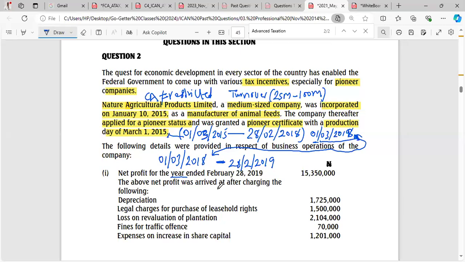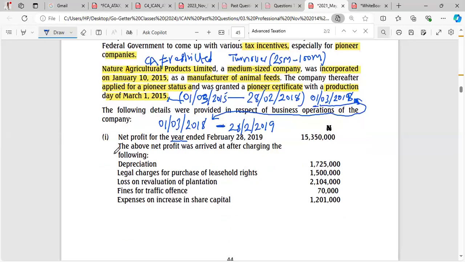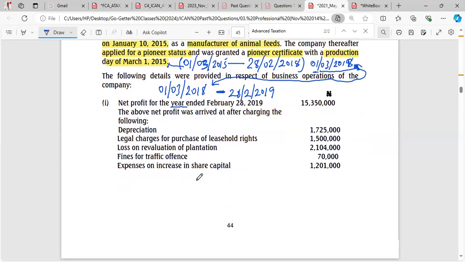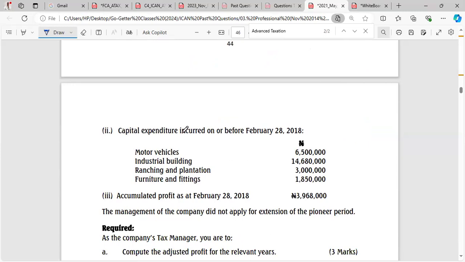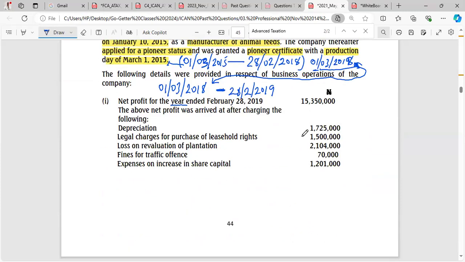Then the above net profit was arrived at after charging the following. Look at the things that were charged, and capital allowances or expenditure incurred on or before February 2018.